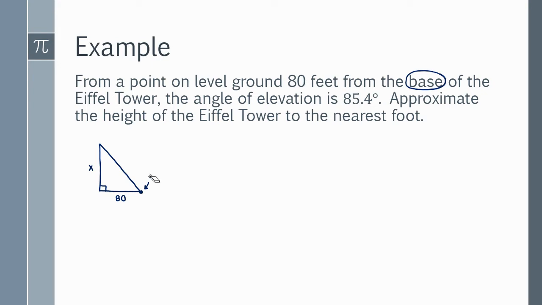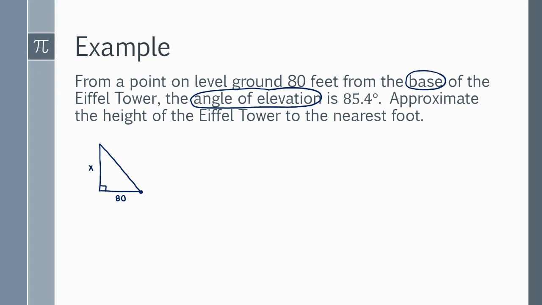So then finally, the other key vocab word is angle of elevation. There are several different angles that we could be looking at, but your angle of elevation is always when you are looking straight ahead, and when you elevate your eyes, you start looking up. So from that point on the ground, we are level with that 80.